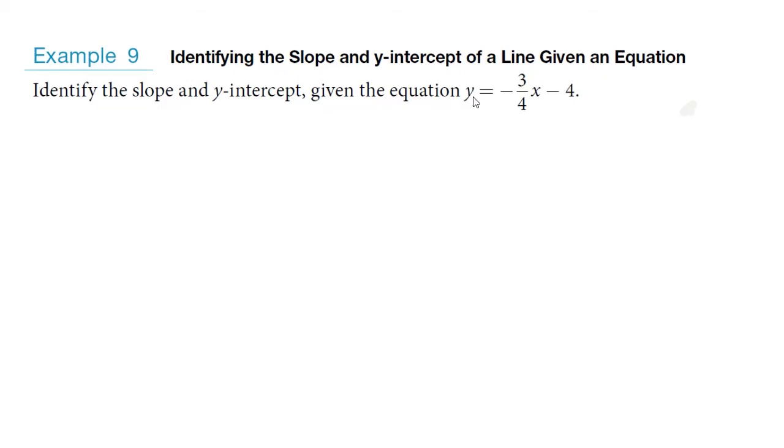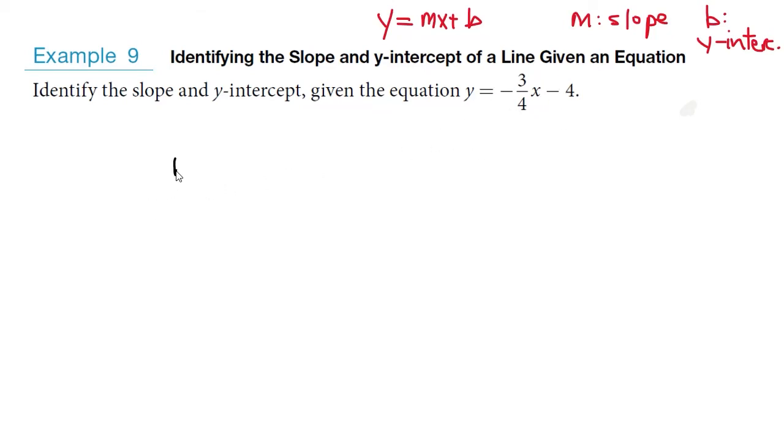In example 9, we are given an equation and asked to identify the slope and the y-intercept. We're given the equation y equals -3/4 x minus 4. You remember that we were given the slope-intercept form as y equals mx plus b, where m, of course, is the slope and b is the y-intercept. So it's pretty easy to read.